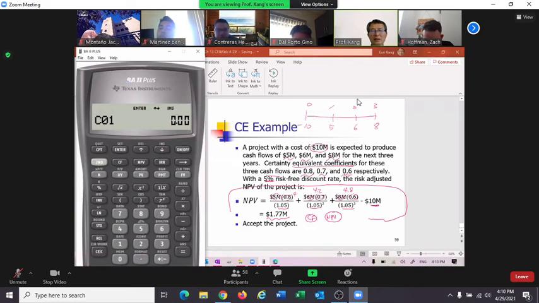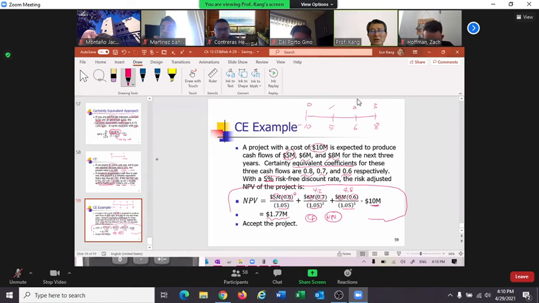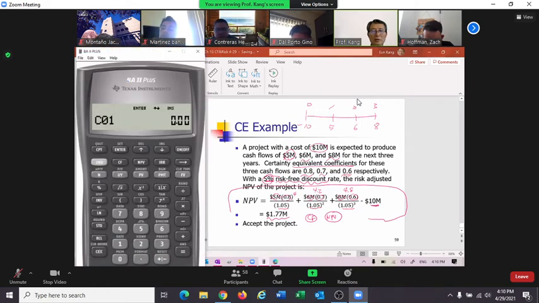If you enter 5 million, then the discount rate cannot be 5%. It's risk-free, right? But the risk-adjusted discount rate is not there, so you cannot use 5 million. Certainty equivalent, so that is 5 times 0.8, 4. But again, a wrong answer is better than no answer, participation.